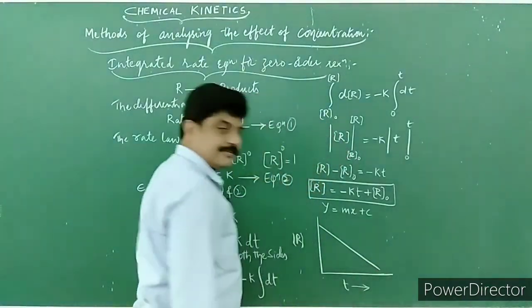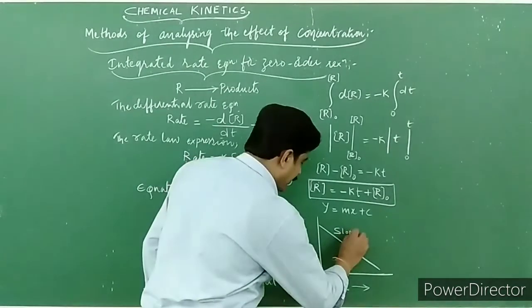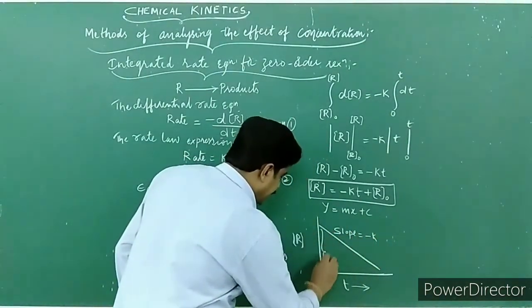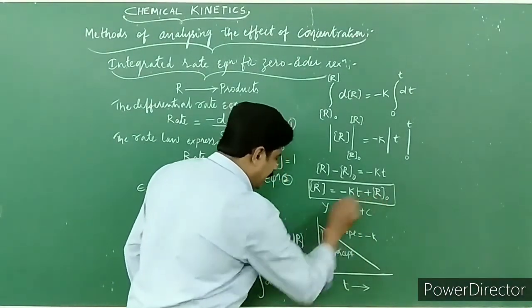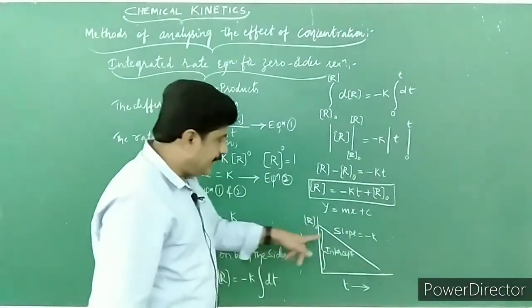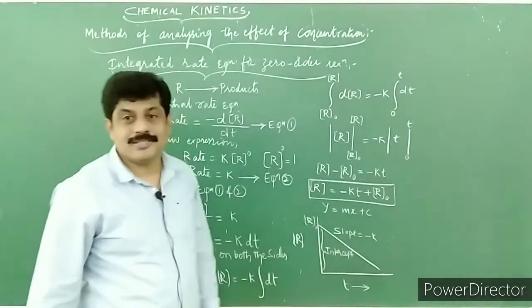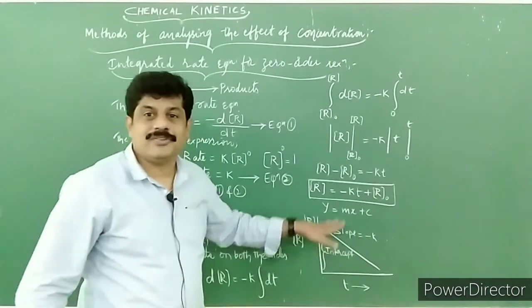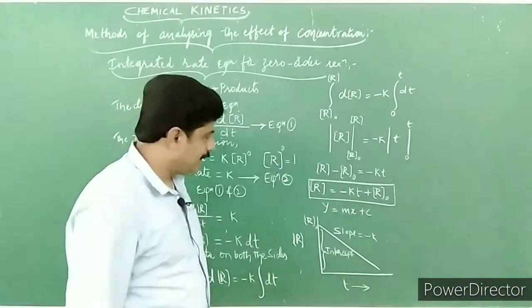Now slope, children, you can identify from the expression: slope is equal to minus k. And let me write intercept. Children, the intercept would be R naught. You can see the graph is going downwards. What does that mean? That as the time progresses, the concentration of the reactant decreases. That you need to remember.